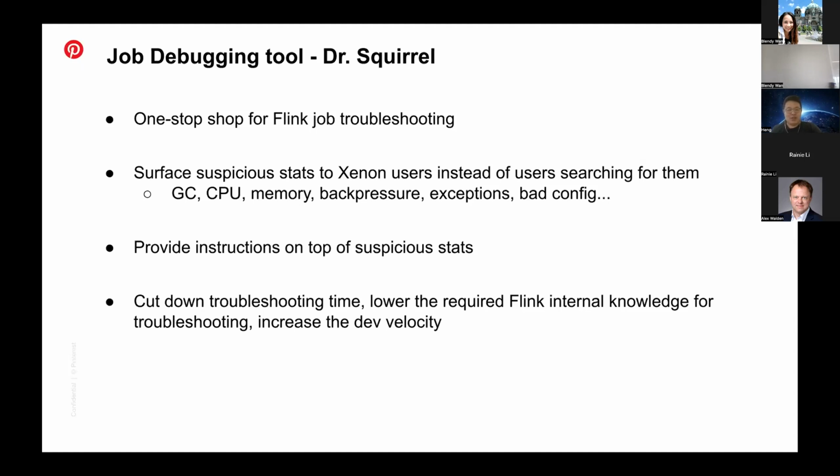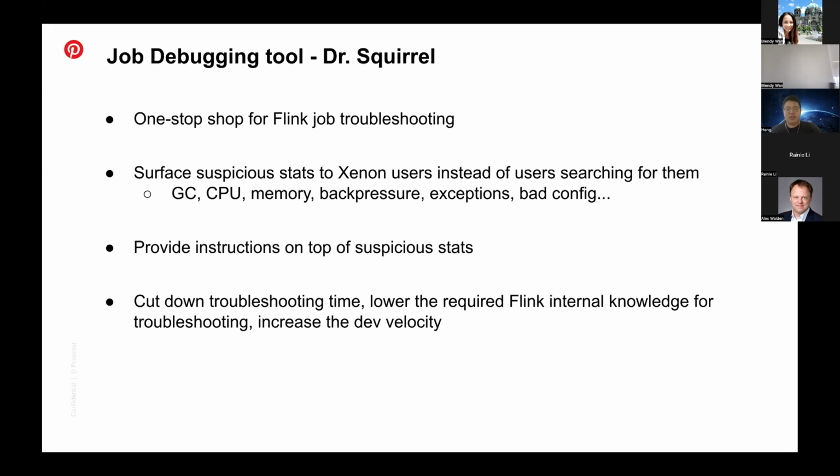Especially since most of our job developers, like internal engineers, have probably never worked on any streaming technology, or never worked on Flink. So it's really hard for them. And eventually this will come back to us, and we have to do it. But this is definitely not a scalable solution, as we are onboarding more and more use cases. So that's why Dr. Scale is built. Dr. Scale becomes the one-stop shop for Flink job troubleshooting.